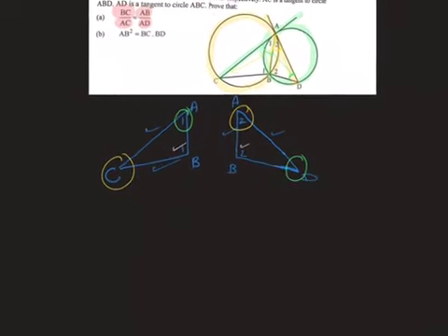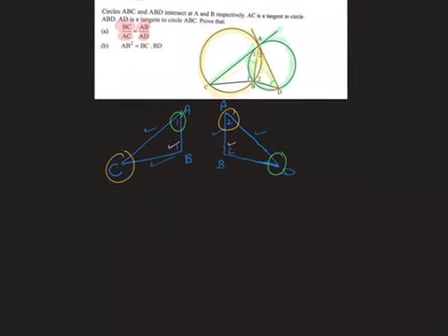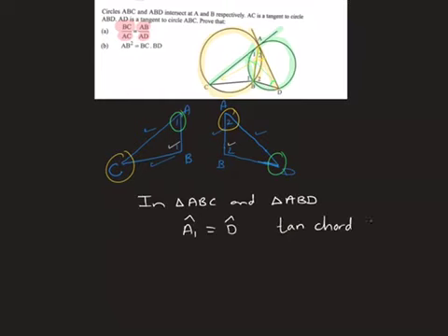All right, so we had to figure out which triangles to work with, unlike the previous examples. But if you just use the ratios that they give you, it leads you to the triangles that you need. So we're going to start with, in triangle ABC and triangle ABD, we had angle A1 equal to angle D because of tan chord theorem.